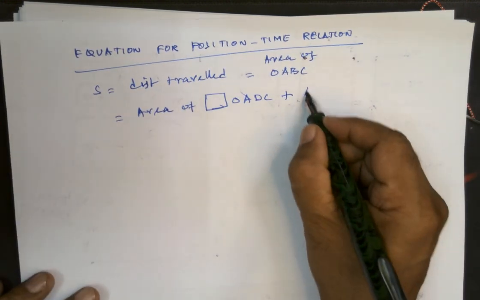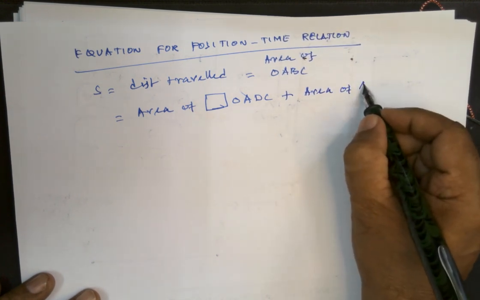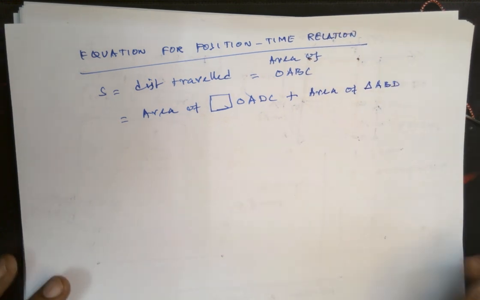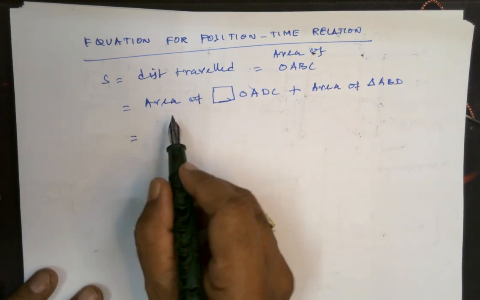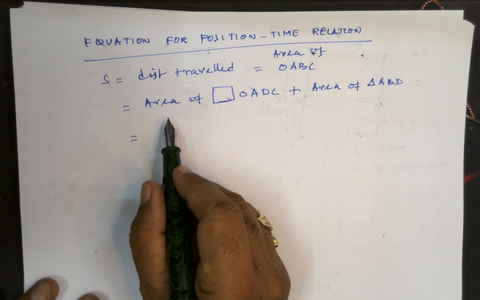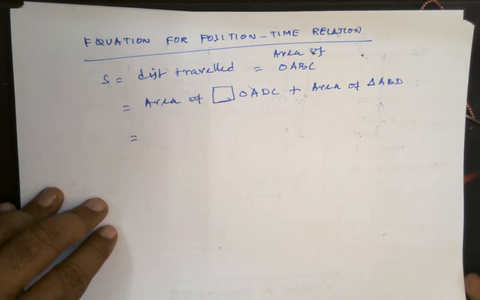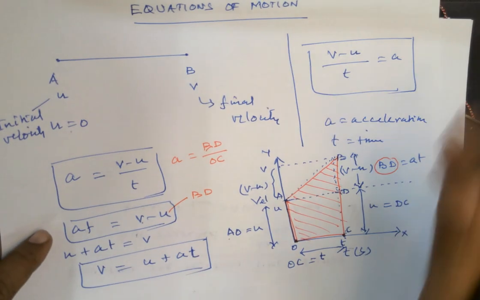So the area of triangle ABD. By adding these two you can get the same result. What is the area in this case? For OADC, you can take the length into breadth.